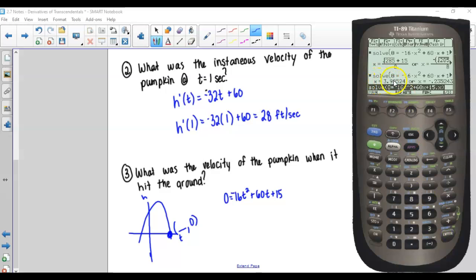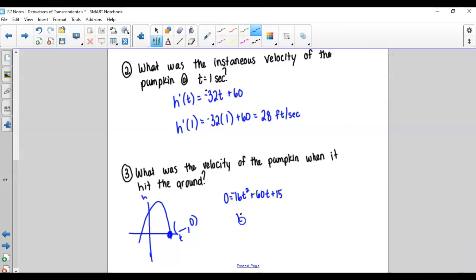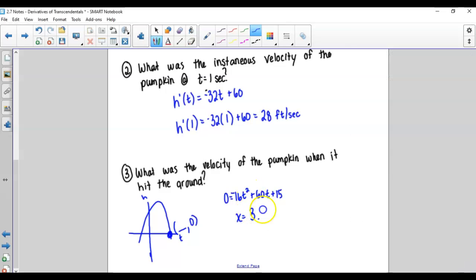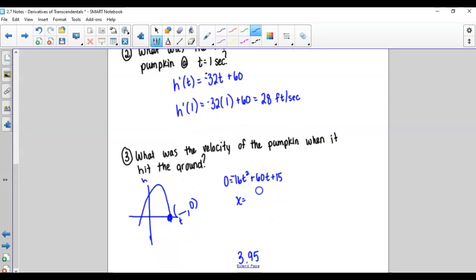So we've got 3.98524 and then we've got negative 0.235. This is not the x-intercept that we want because it doesn't make sense for our situation. We want this answer right here. X equals, let's see what that was again, 3.9524. 3.95, that's not right. There's more numbers there.